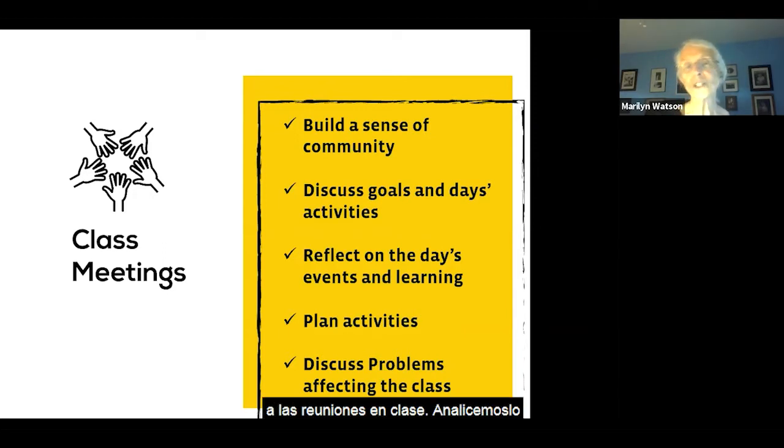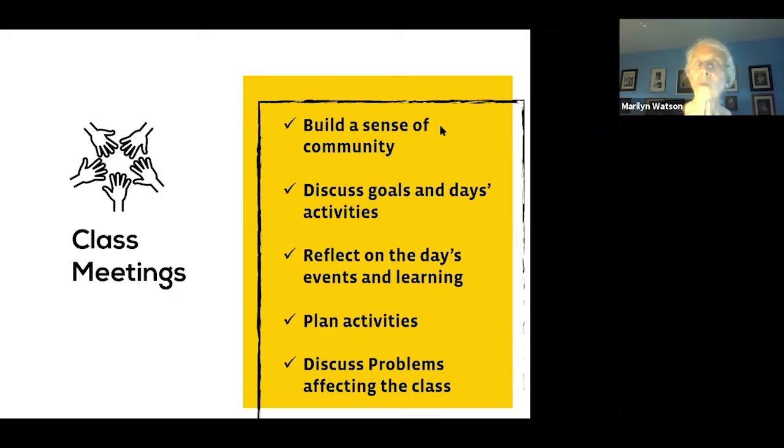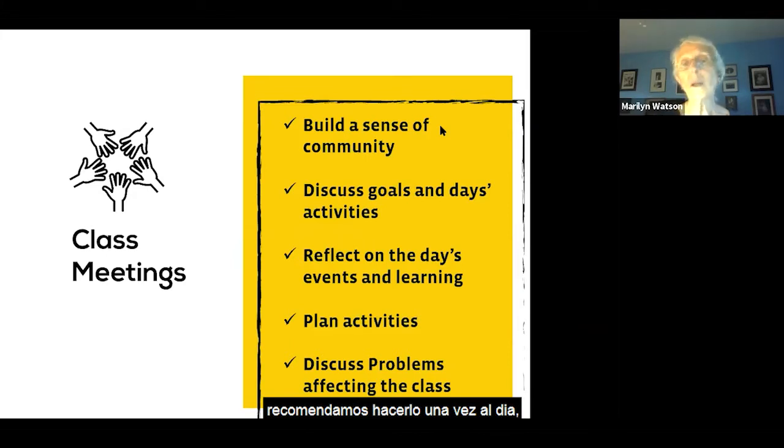But let's just take a look from a large perspective. What are some of the things that class meetings do for you? If you meet with the kids, we would advise meeting at least once a day, sometimes twice, in the morning to get kids moving, and in the afternoon to reflect on how the day went.